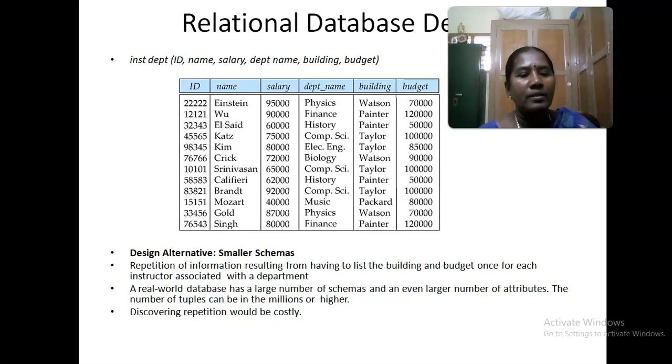When we consider an alternative way to design the relation schema into smaller schemas, we avoid the repetition of information resulting from having to list the building and budget once for each instructor associated with the department. A real-world database has a large number of schemas and even a large number of attributes. So the number of tuples can be in the millions or higher. Discovering the repetition would be a costly one.